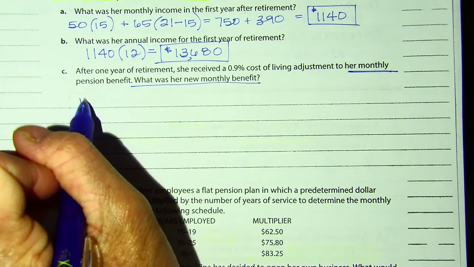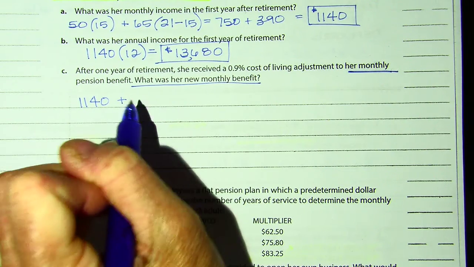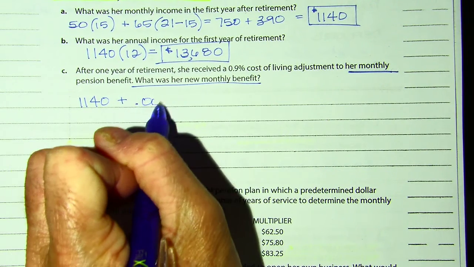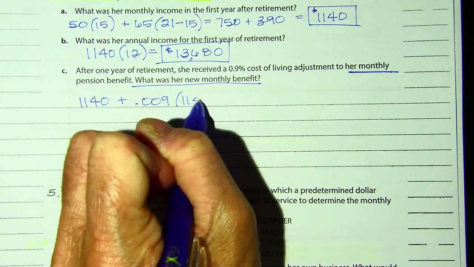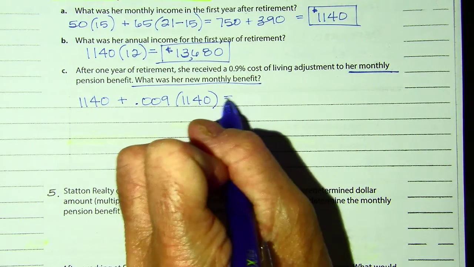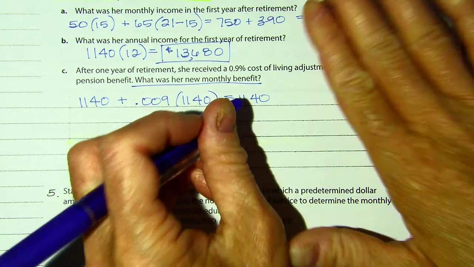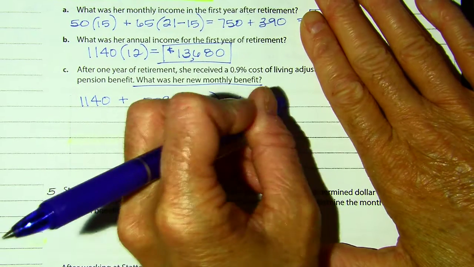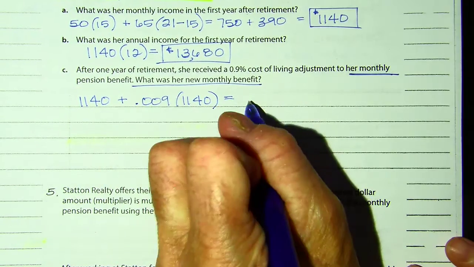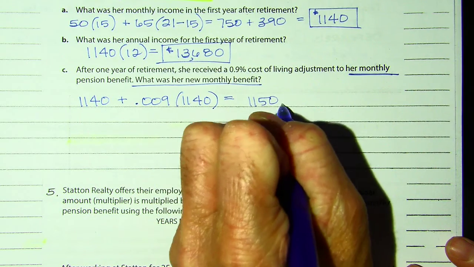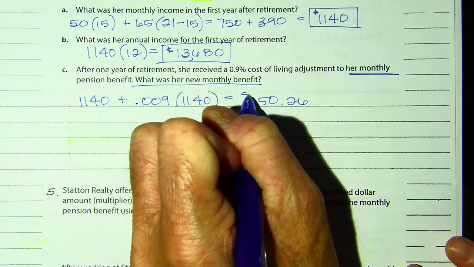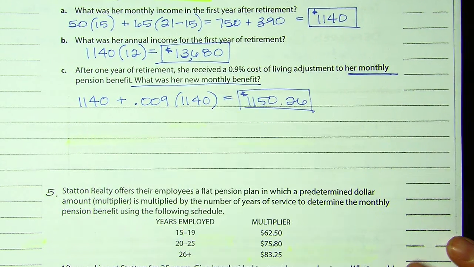So 1140 plus, make it a decimal, 0.009 times 1140. And so that gives me a new amount of $1,150.26. So it's only a $10 increase.